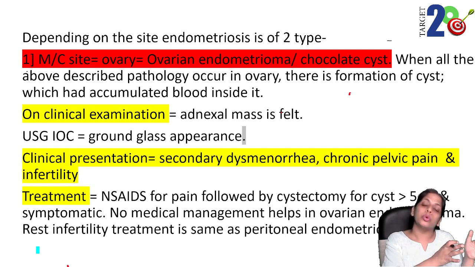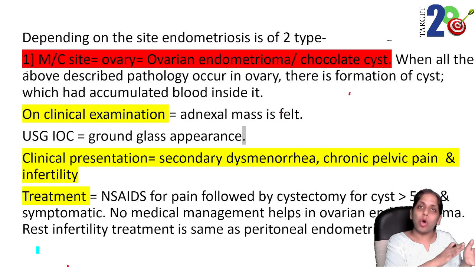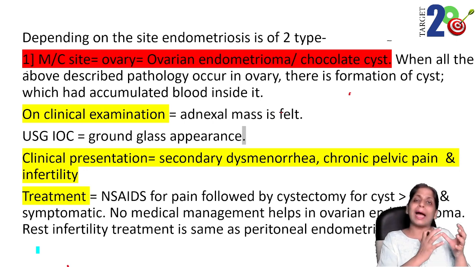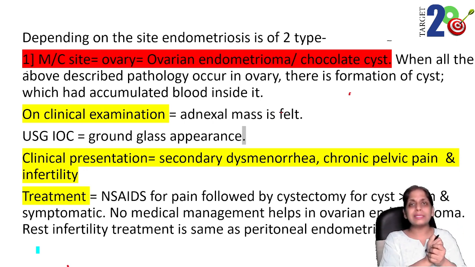When endometrium is going into the ovary, this endometrium will undergo all the hormonal changes, and after the shedding of endometrium takes place, a lot of blood will get accumulated, as the ovary is very small and a closed space.